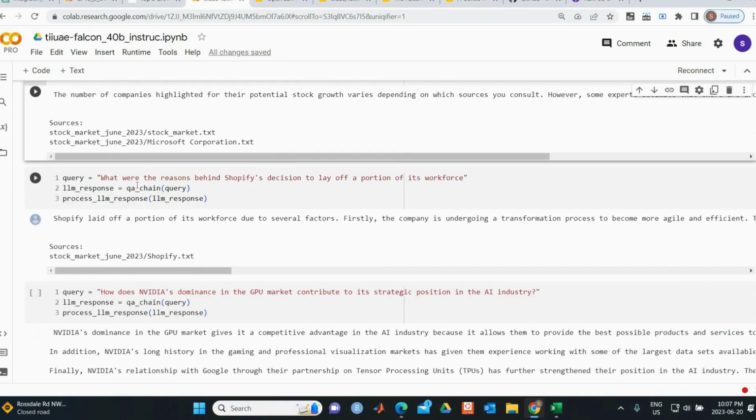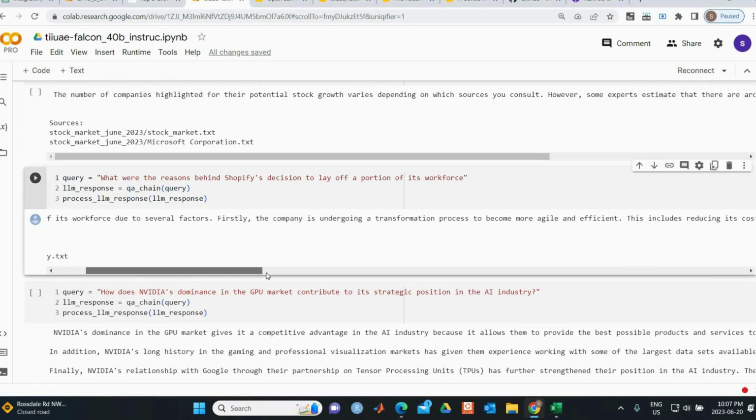Okay, the next question is, what were the reasons behind Shopify's decision to lay off a portion of its workforce? Shopify laid off a portion of its workforce due to several factors. Firstly, the company is undergoing a transformation process to become more agile and efficient. I think this part is correct here. This includes reducing its cost structure and becoming more asset light.